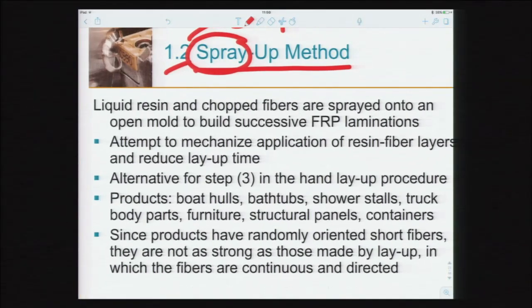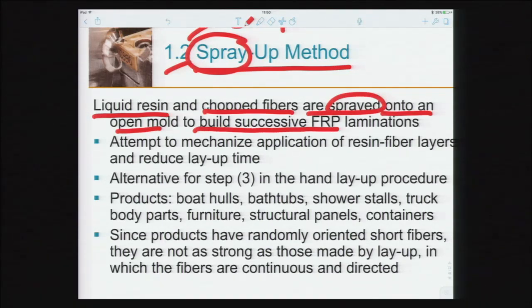Okay, and let's see. In spray up method, liquid resin and chopped fibers are sprayed onto an open mold to build successive FRP laminations. Okay, that's why they call it spray up method, because you spray liquid resin and chopped fibers onto the surface of the open mold.